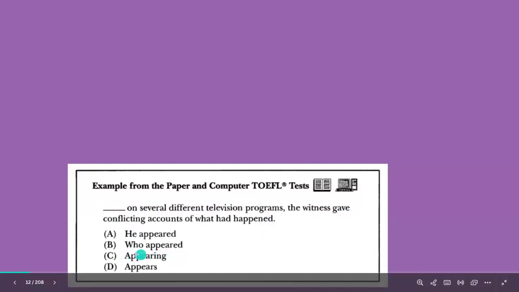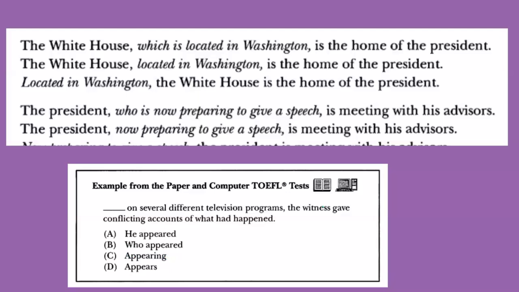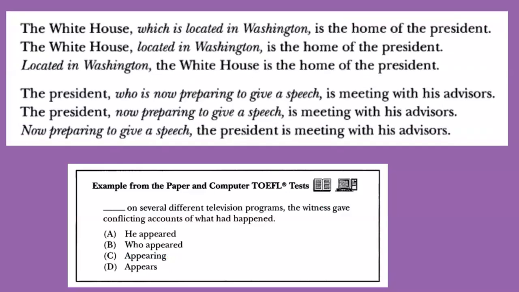And we know that this is a correct answer: Appearing on several different television programs, the witness gave conflicting accounts. So we can see these types of questions in diverse sentences, like this one.